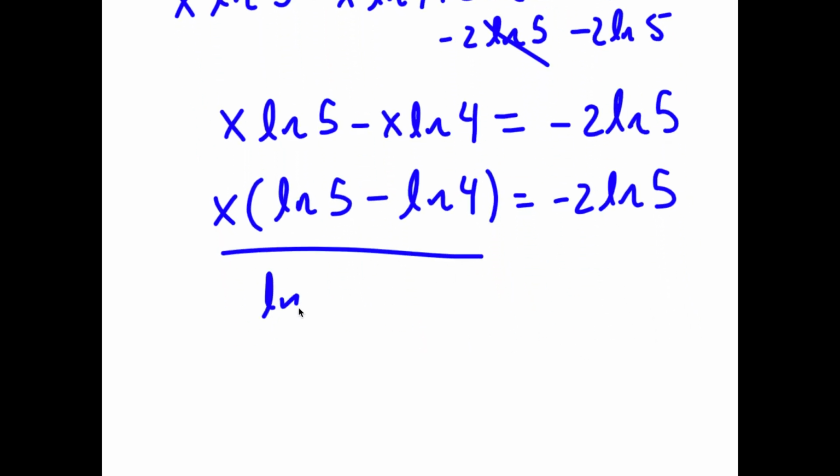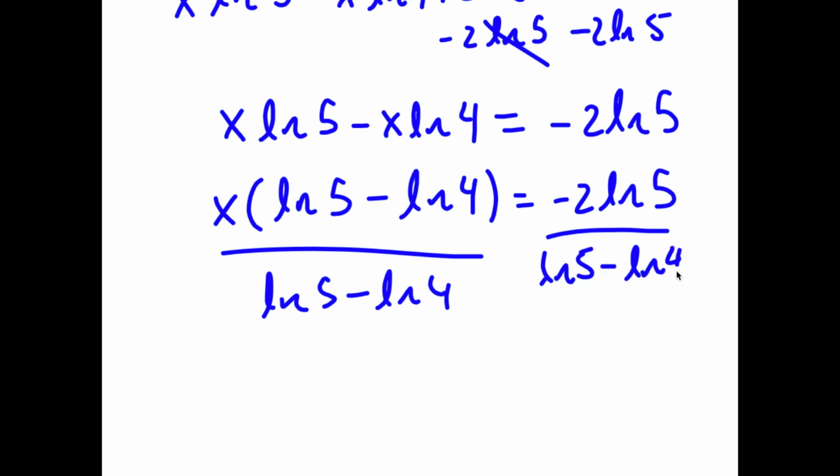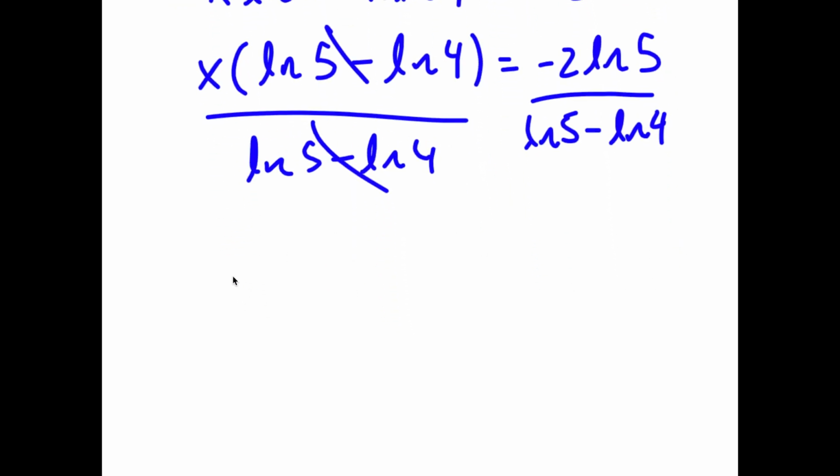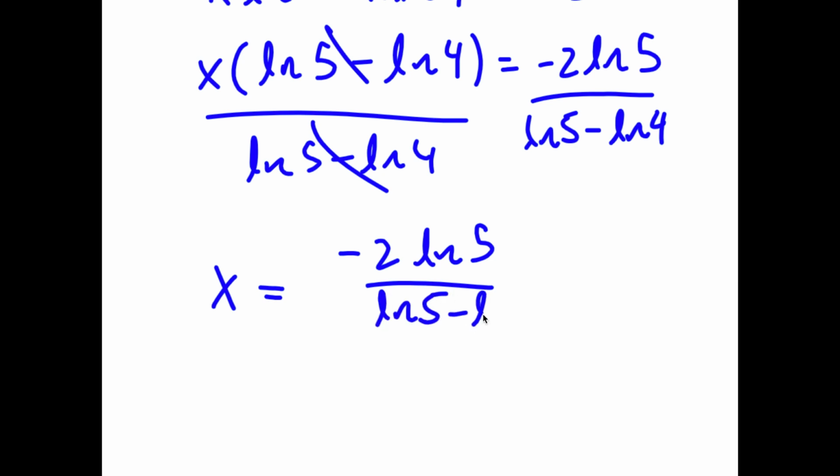Now if I divide both sides by ln 5 minus ln 4, these two cancel out and I have x is equal to negative 2 ln 5 over ln 5 minus ln 4.